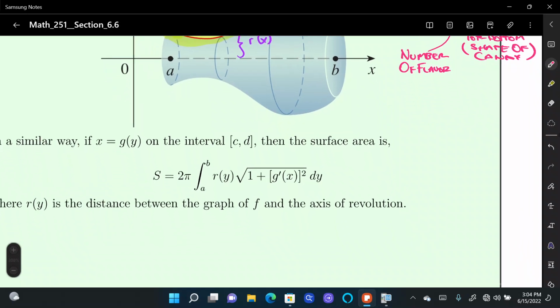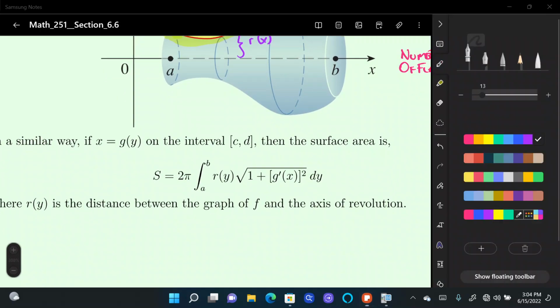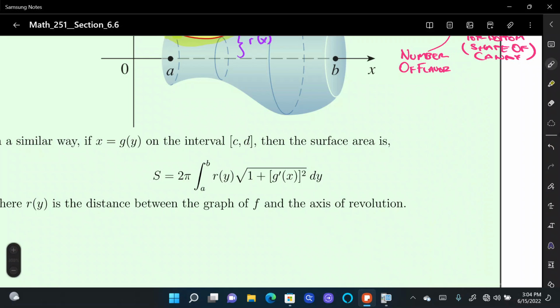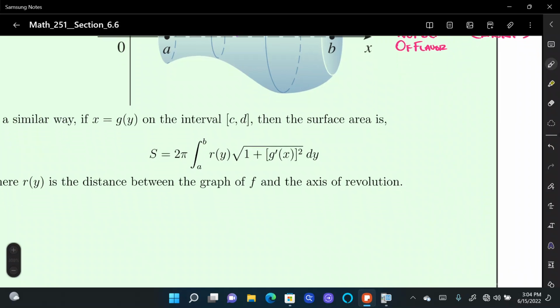And there's a little typo here that I would like to fix. In the same way, we are going to find the surface area for functions of y. Remember back from Calc 1 when you find those areas and volumes?